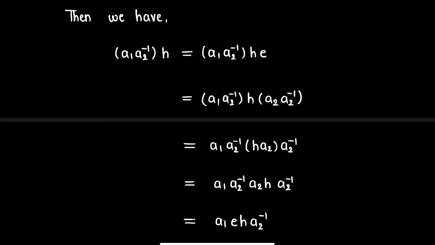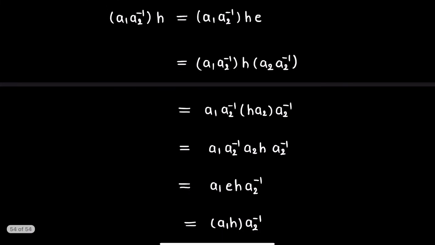In the next step, using associativity of group G, this can be written as a1 a2 inverse h a2 a2 inverse. Now as a2 is a member of the centralizer of H, h a2 can be written as a2 h. Then again a2 a2 inverse will become identity, and finally we get a1 h a2 inverse.